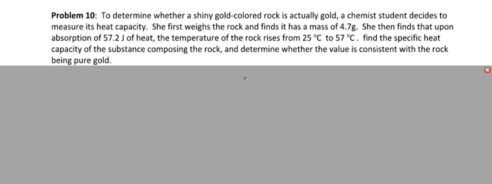And then you're going to compare it with actual gold. So why don't you go ahead and set up this problem, solve for the heat capacity, go back and look on the chart, or if you can't find the chart, use your Google, and see if it's the same thing. So pause this, do the work, come back and see how you did. Maybe you're rich.